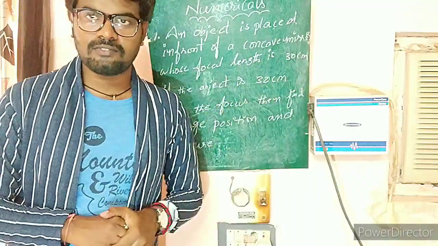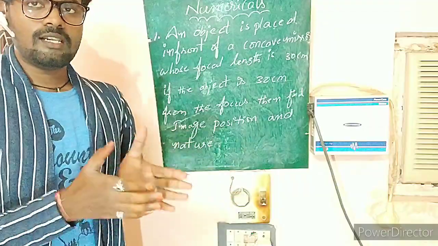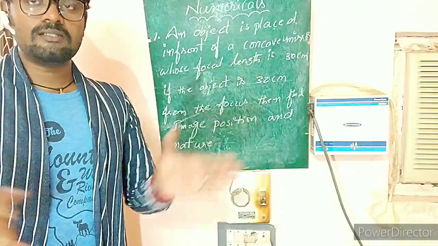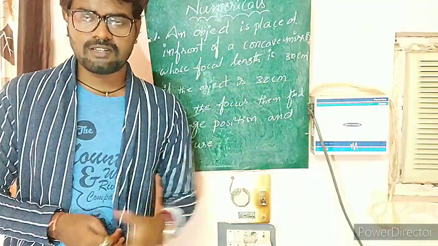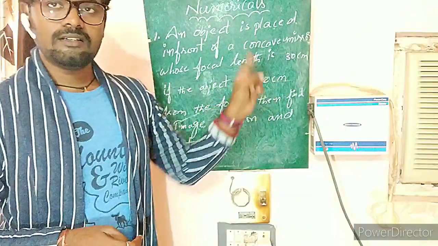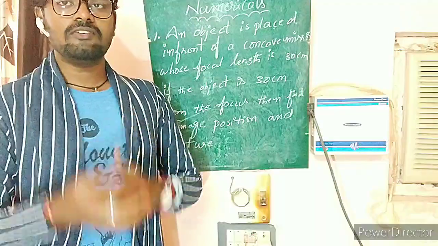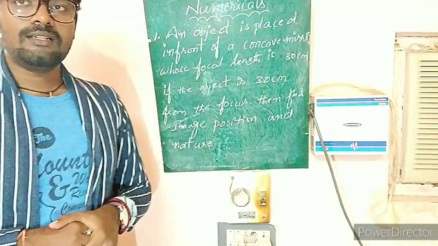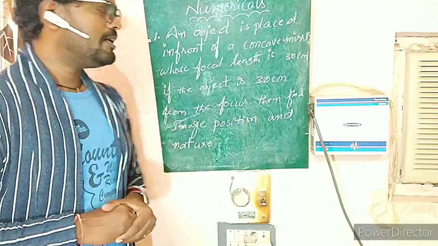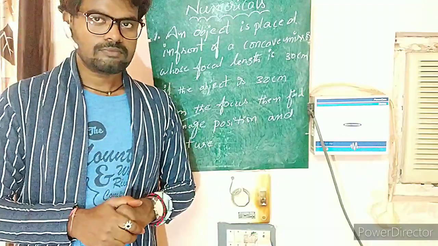It is exactly at the center of curvature. So the total object distance is 30 plus 30, 60 centimeters. That is, focal length is 30, automatically radius of curvature is 60, object is at center of curvature, so that we are going to get an image exactly at the center only. So the nature of the image should be real, inverted, and it is same size as object.